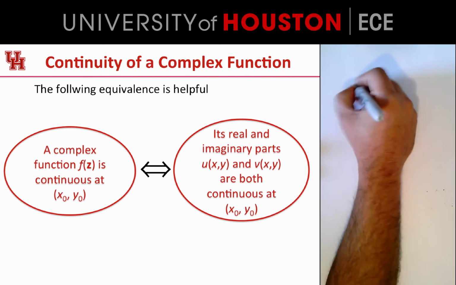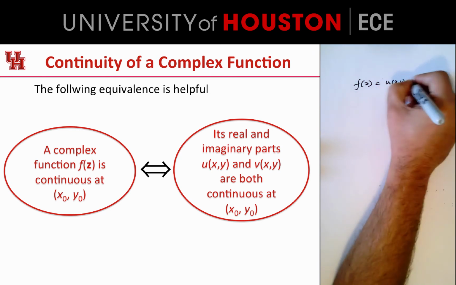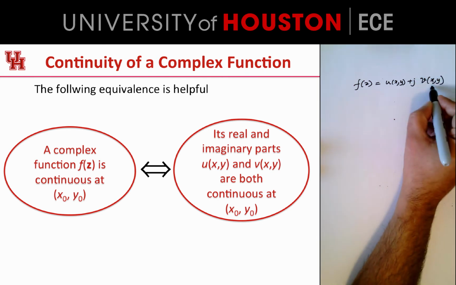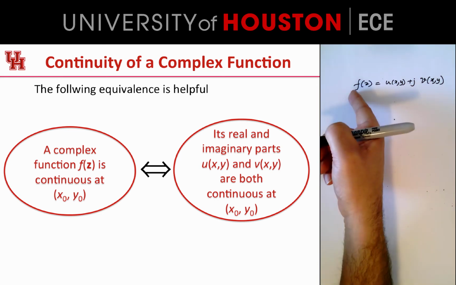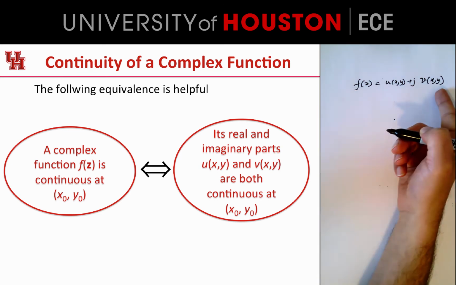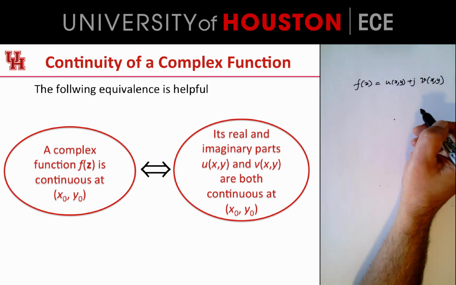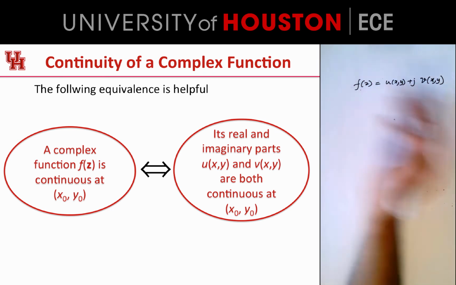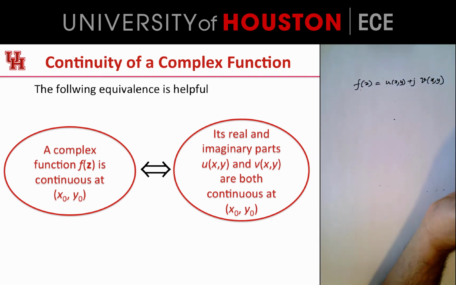So if you have a function f of z and you write it as u of xy plus j times v of xy, if this guy is continuous and this guy is continuous, then this guy is continuous. And vice versa. That's a very, very helpful theorem that we can take advantage of. Now, it's intuitive. If this guy is not continuous, then obviously this guy is not going to be continuous, because there's a jump in that two-dimensional space.